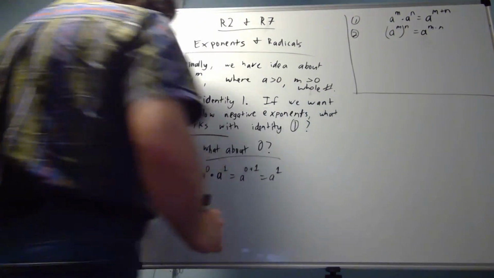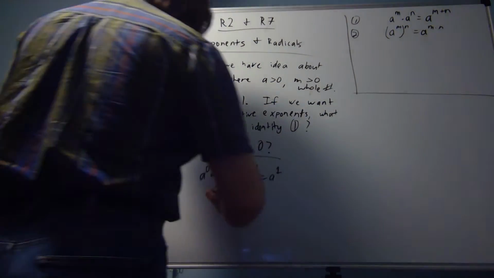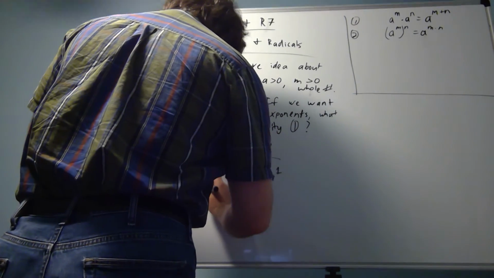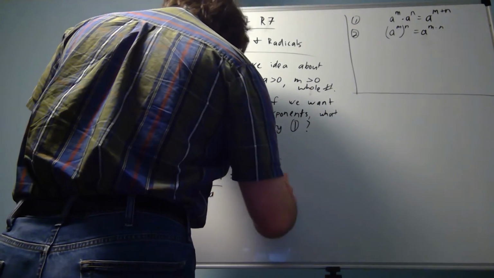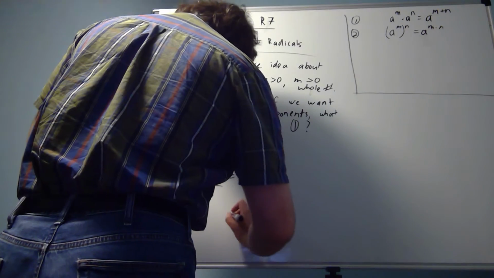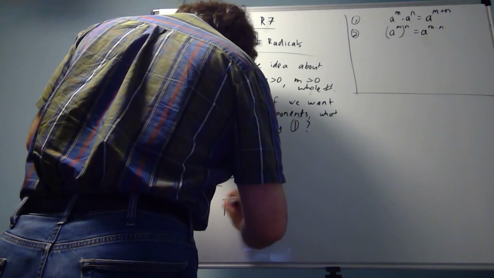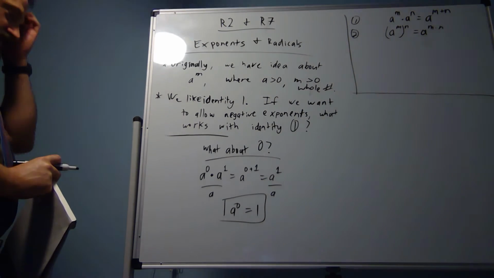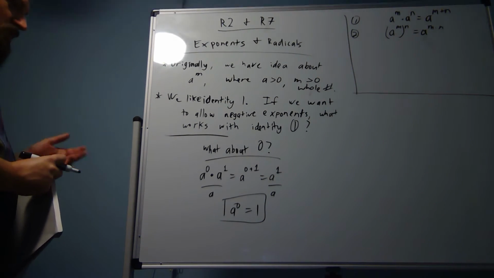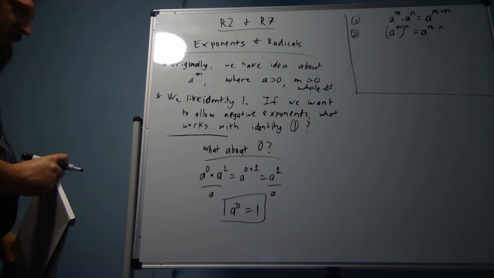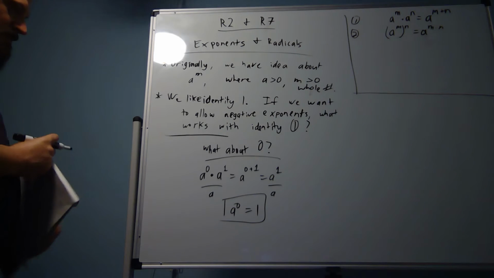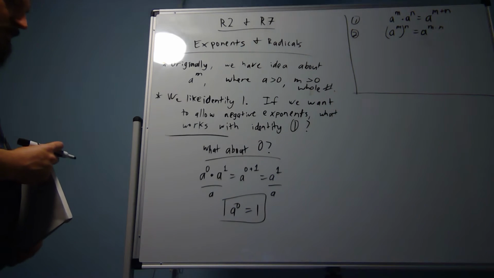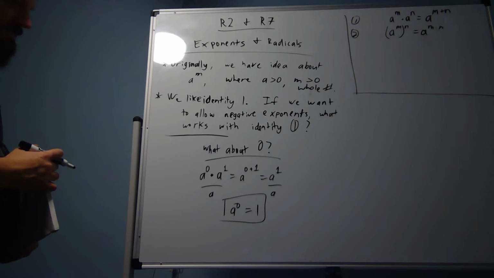So if we just divide by a on both sides, we get 1 is equal to a to the 0. This would work no matter which a bigger than 0 we picked. If we picked a equals 2, for example, we could do the same demonstration.